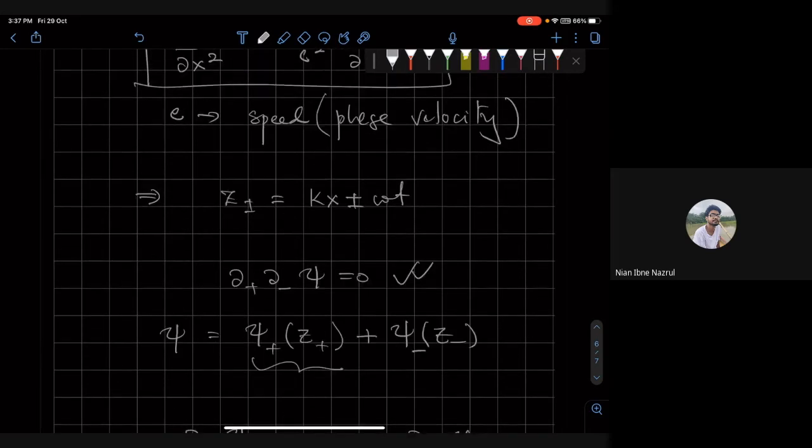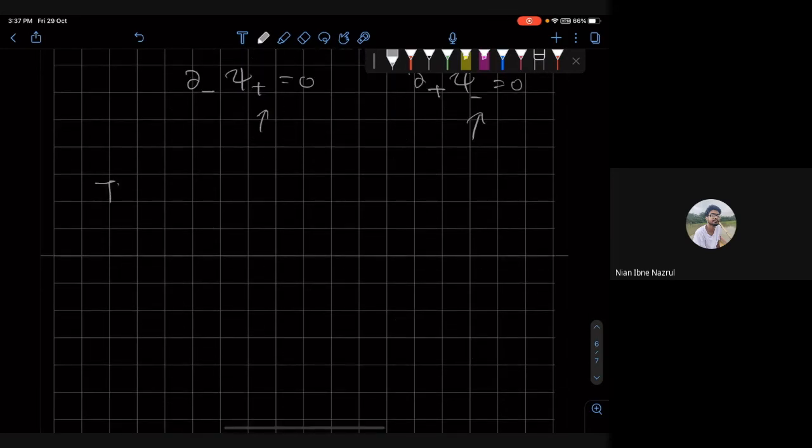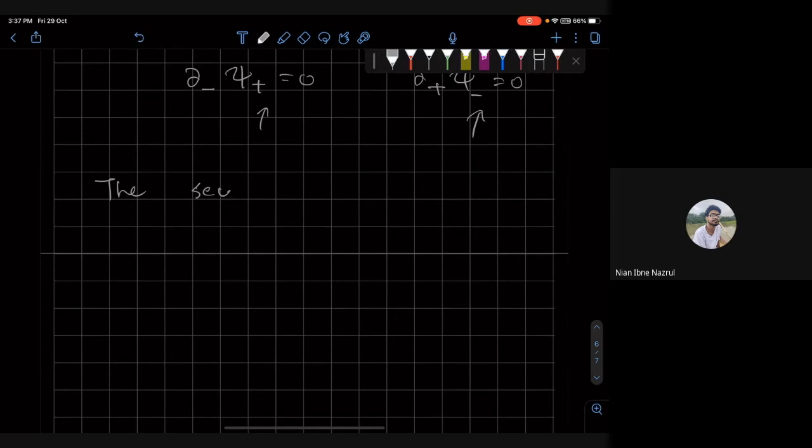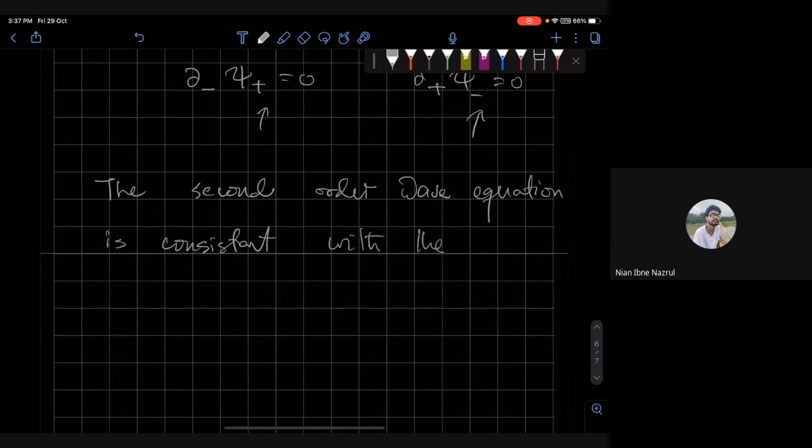So the second order in a wave equation is consistent with the isotropy of space.